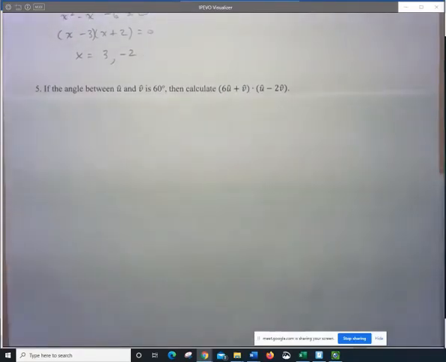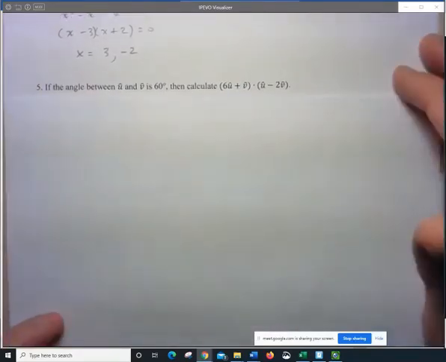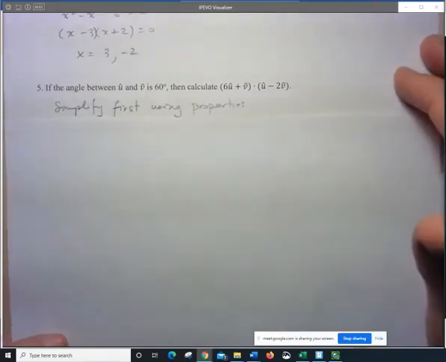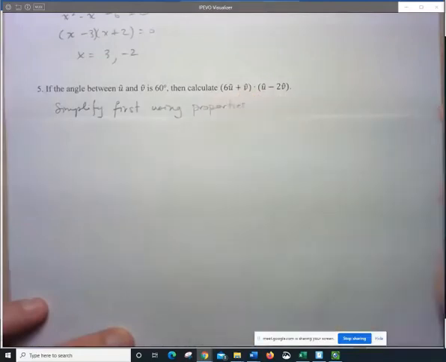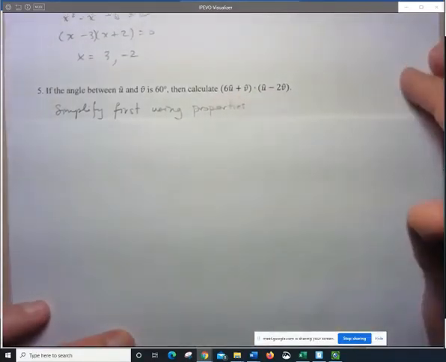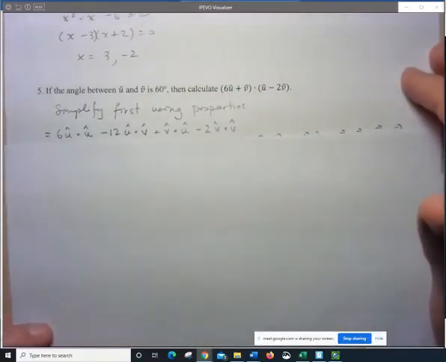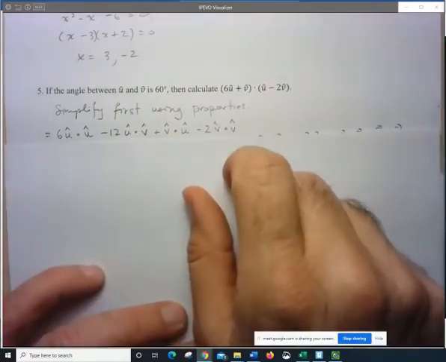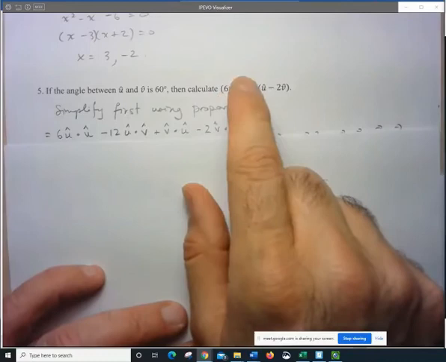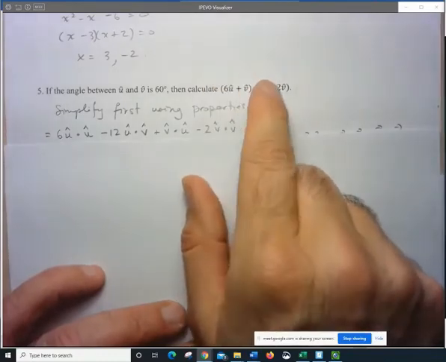Okay, so we're back on this one here. So let's take a look at what we do. Notice here, what I suggested is that you don't go ahead and use the geometric properties right away, but simplify first, okay? So I'm using the fact that this is distributive. So what I do is I do 6u dot u, my firsts.